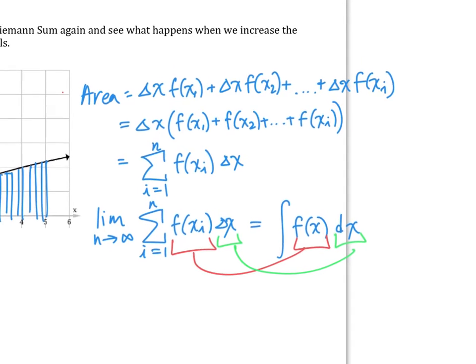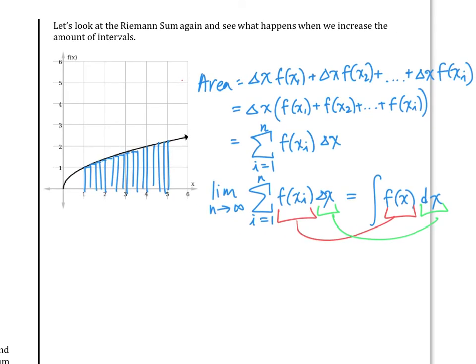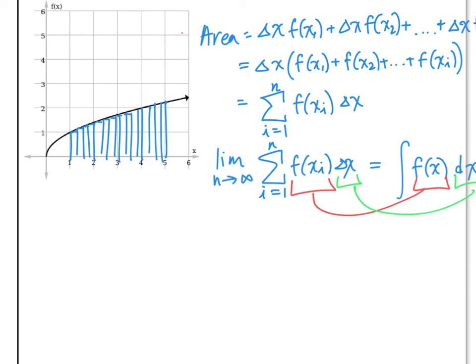Now we're going to practice rewriting this problem in terms of this limit notation. And then we're also going to practice writing this problem in integral notation. So let's look at this problem again. This is the same problem we were trying to solve before. So let's say f of x is square root x.